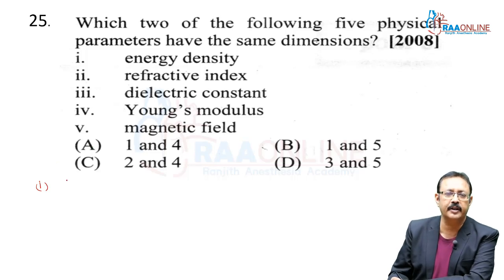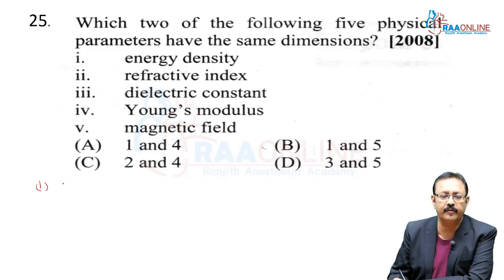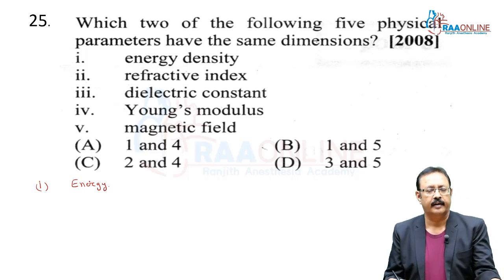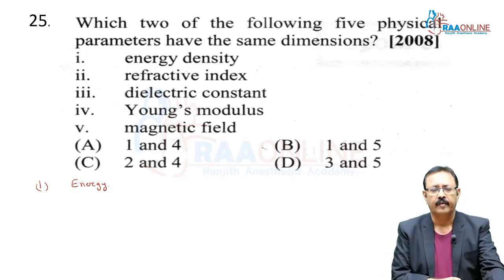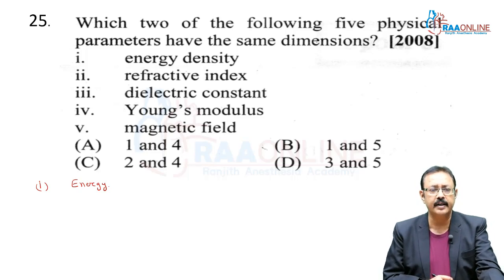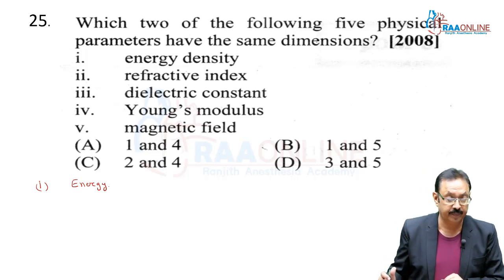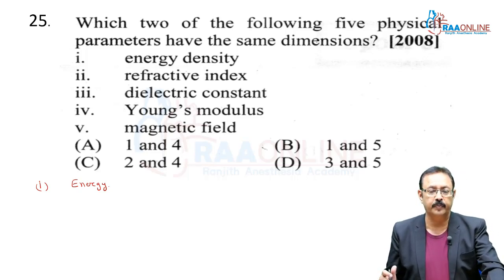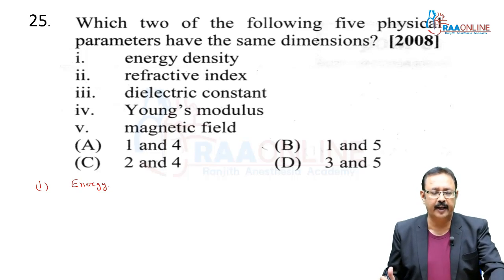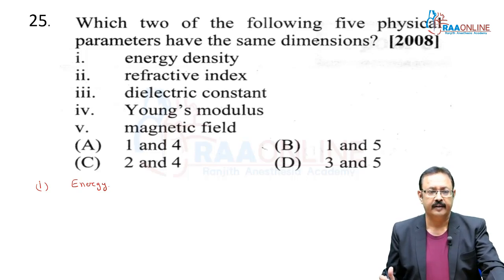Mass per unit volume is mass density, so energy per unit volume is energy density. Refractive index is dimensionless.